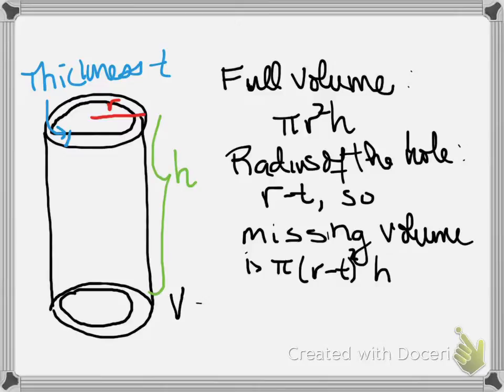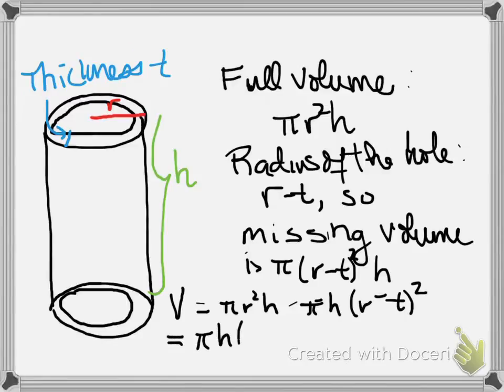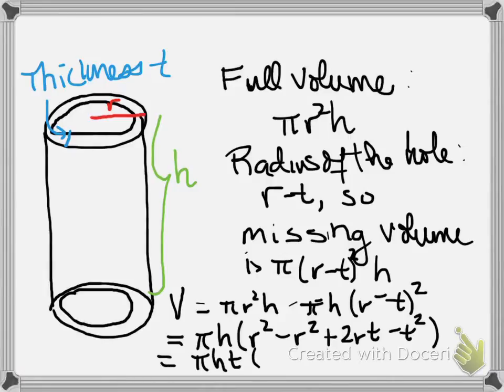And from there, we can just subtract the volumes and do a little bit of algebra to make this nicer to work with. There's a pi h in common to pull out, and then squaring that allows the r squareds to cancel out nicely, and so we wind up with finally pi times h times t times (2r minus t).